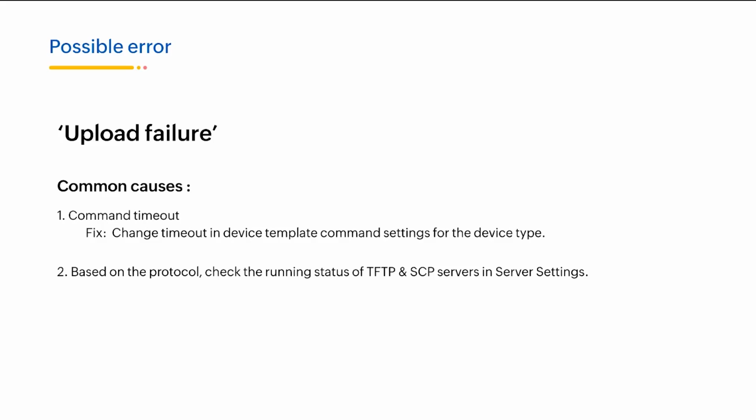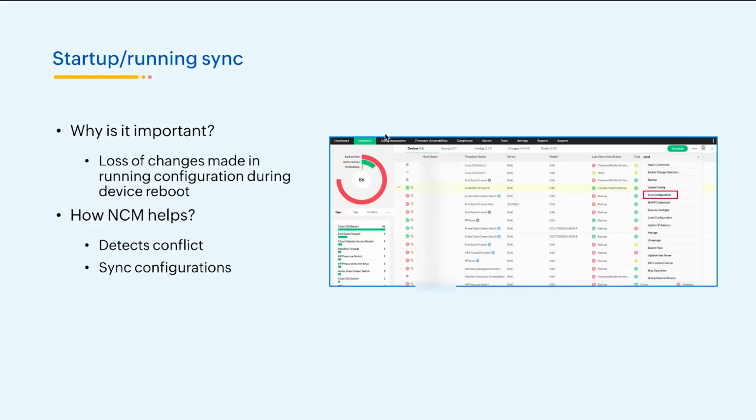Now moving back to the session, the next topic is startup and running configuration sync. This is a crucial functionality in network configuration because the running configurations should always be in sync with the startup configurations. All changes are typically made to the running configurations.